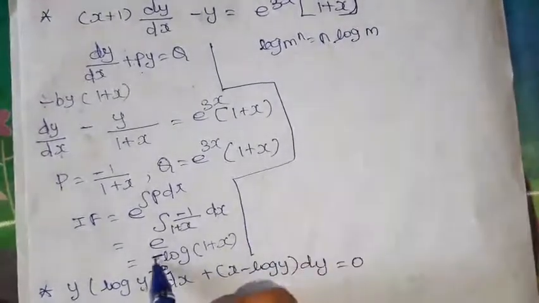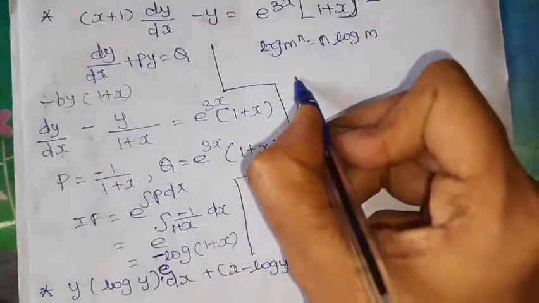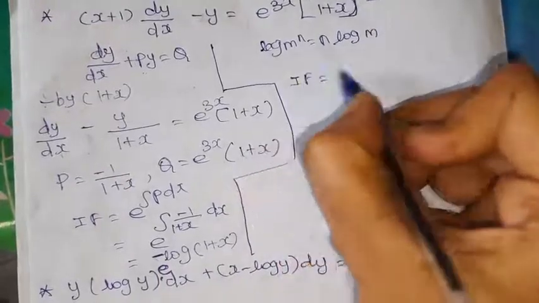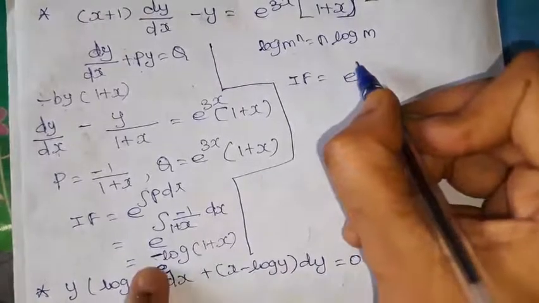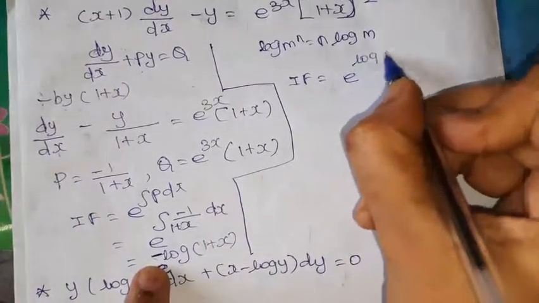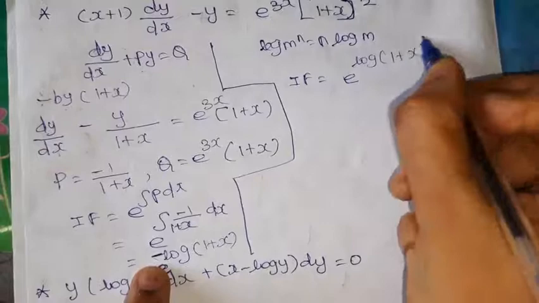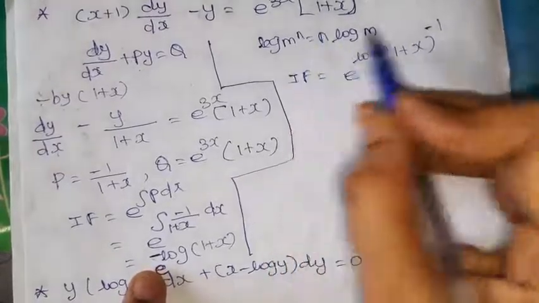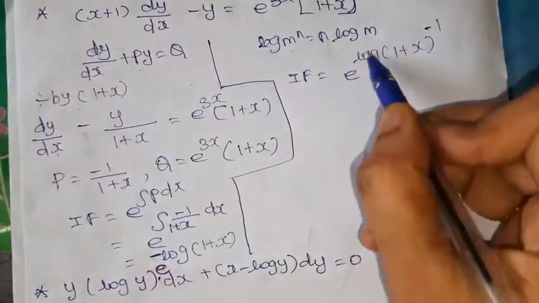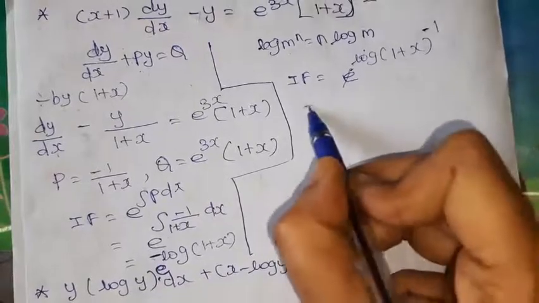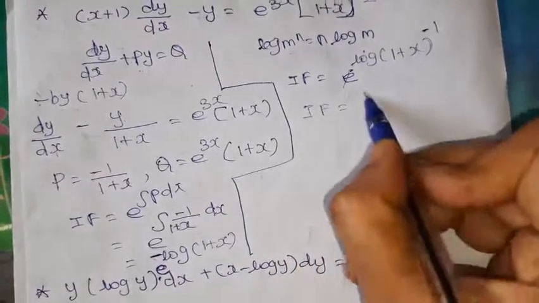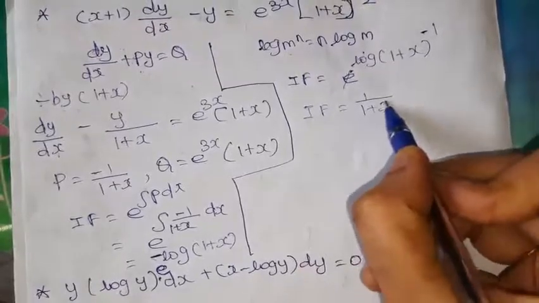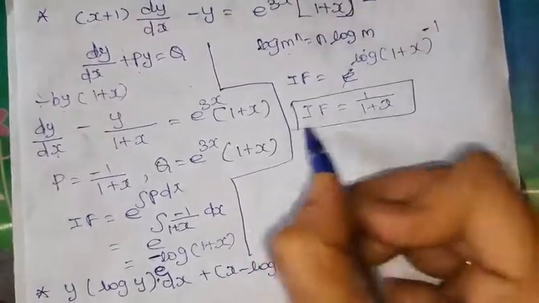So, it is multiplied by minus 1, and it goes to the power. So the integration factor equals e power minus 1 times log of 1 plus x. Exponential and logarithmic terms get cancelled. So, what is the integration factor? (1 plus x) power minus 1, which is nothing but 1 by (1 plus x). This is the integration factor.